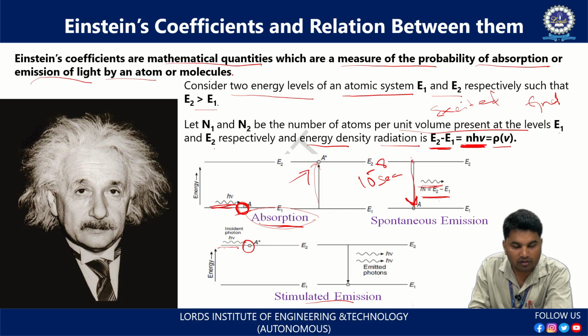This additional photon of energy is absorbed by the atom, and the stimulation is happening. Due to this stimulation, the atom comes down to the ground state by emitting two photons of energy here. And these two photons of energy are in phase with each other. So this process is termed as stimulated emission.